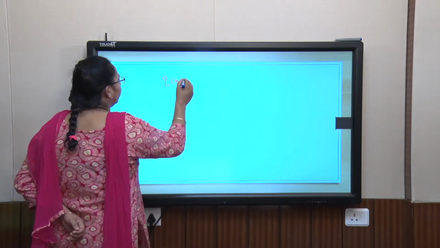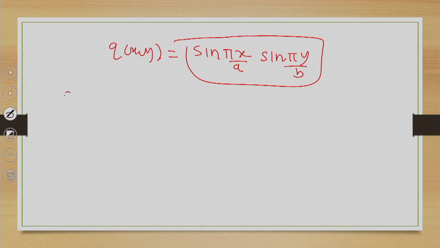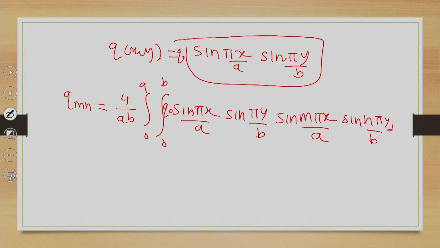If your q(x,y) is represented as sin(pi x by a) sin(pi y by b), a sinusoidal loading, then your Q_mn will be 4/(ab) integral 0 to a, 0 to b, q naught times sin(pi x by a) sin(pi y by b) and then sin(m pi x by a) sin(n pi y by b) dx dy.